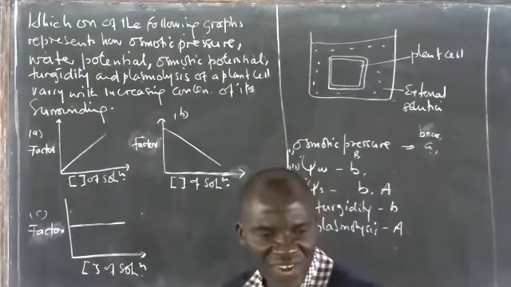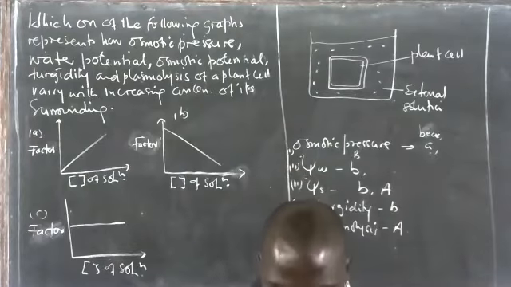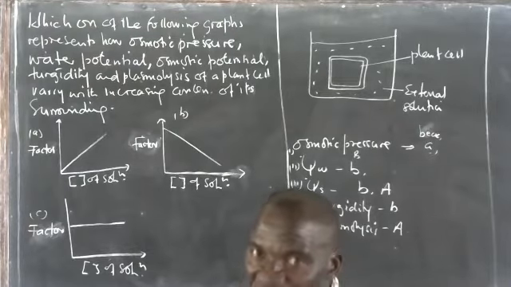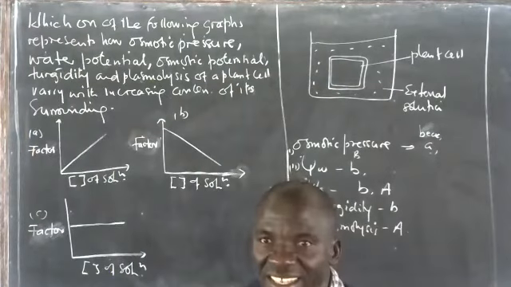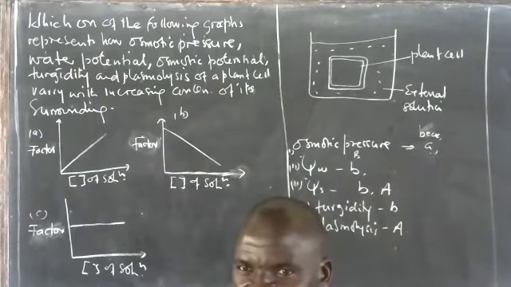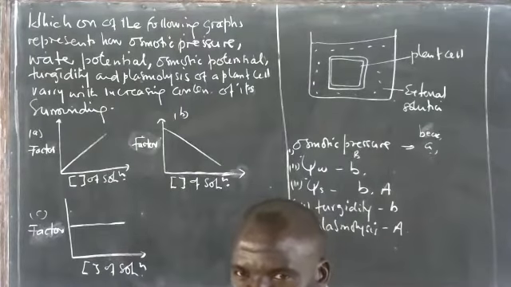As a cell, who can explain how water potential will vary? Teacher, me. Okay, go ahead. If you increase the concentration of the solution around the cell, the cell is going to lose water to the surrounding by osmosis.